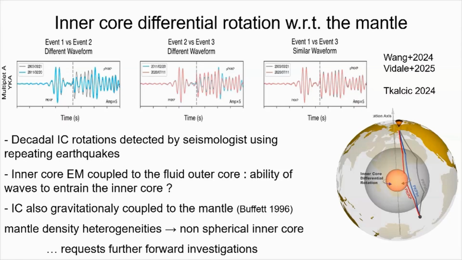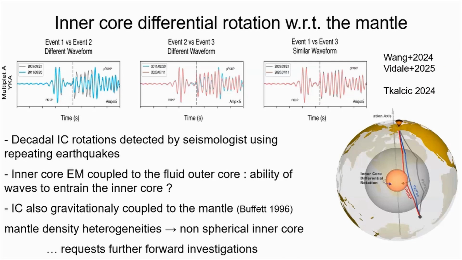If you look at several earthquakes, sometimes you have the case of 3 events where you superimpose event 1 and event 3. They superimpose very well, whereas events 2 and 3, and 1 and 2, do not superimpose. And this can be explained in two ways. Either you change the shape of the inner core, or you rotate the inner core.